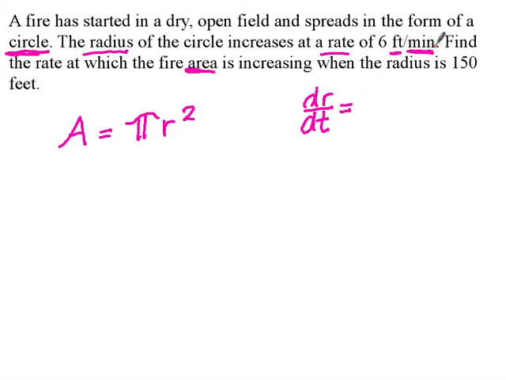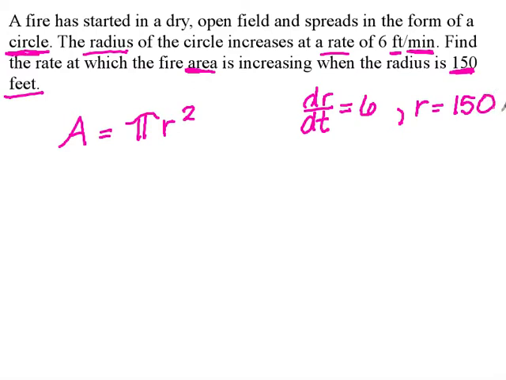Because minutes are a form of time. So really you have your unit of radius divided by your unit of time. So that's where the dr dt comes into play, and that is 6. The other thing that you're given is what? What is this? This is 150. Let's look at the label. It's feet. So I know that this is just a one without a dt. It's just a plain one. In this case, it's r equals 150.